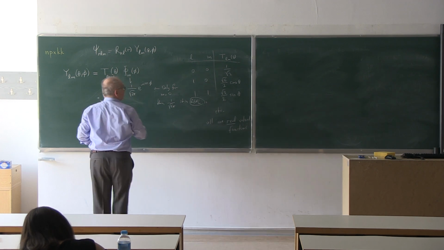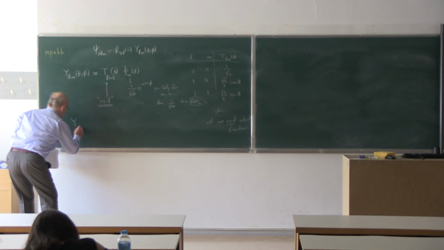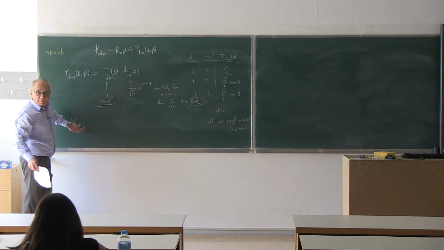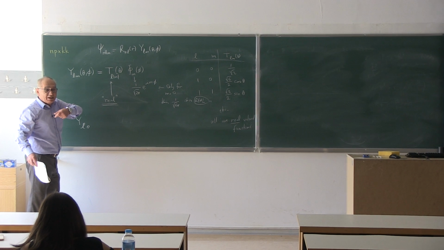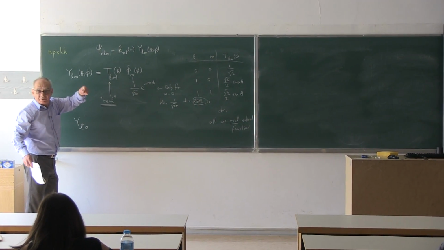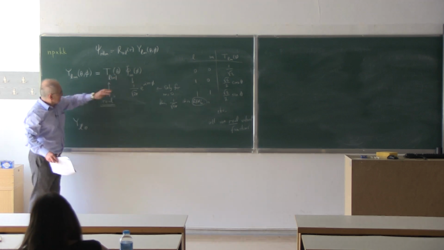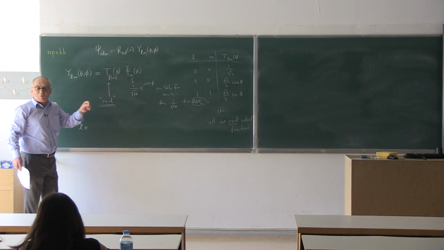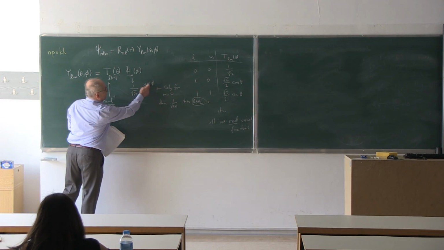So, we can summarize this. Y, l, 0, m is 0. l can have any value, 0, 1, 2, 3, 4, 5, etc. From this expression, we see that these functions are all what kind of functions? Real or complex valued? Real valued, isn't it? Because m equals 0 means m is 0 here.